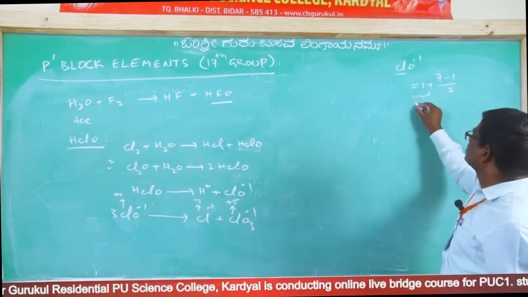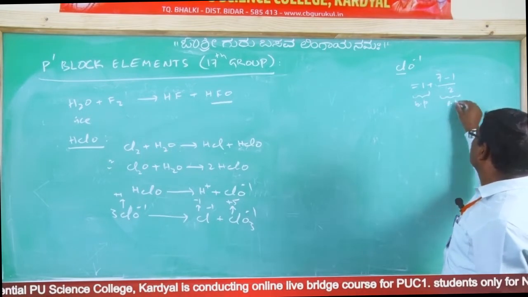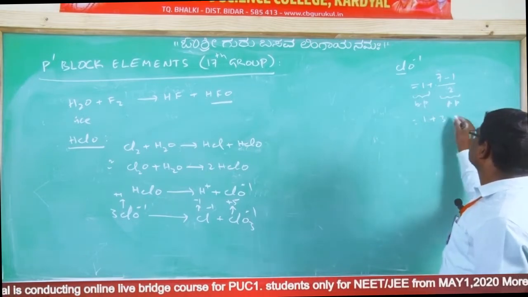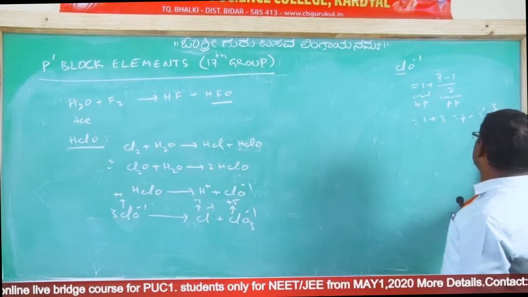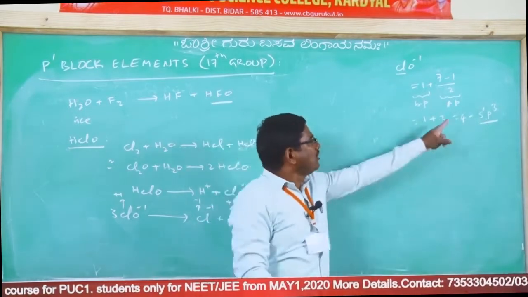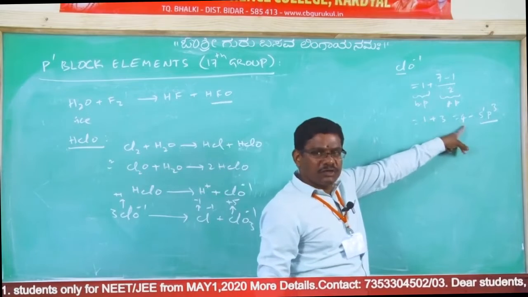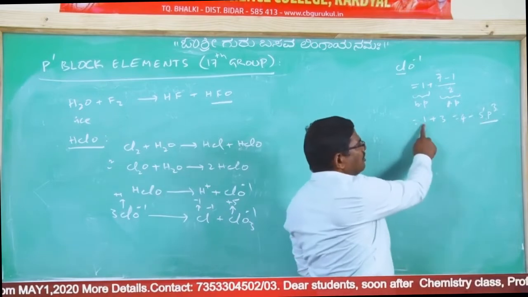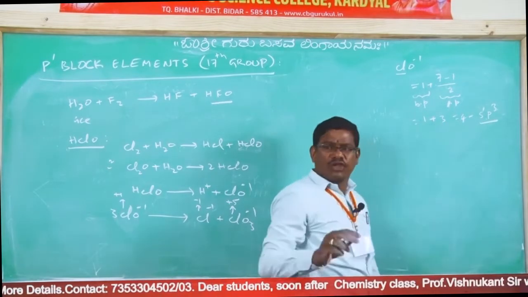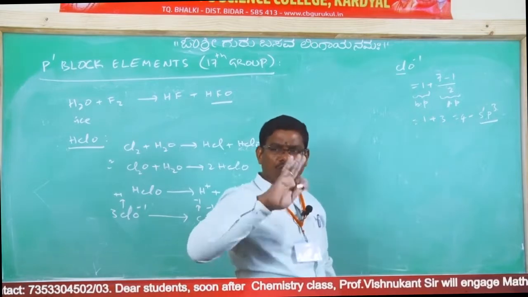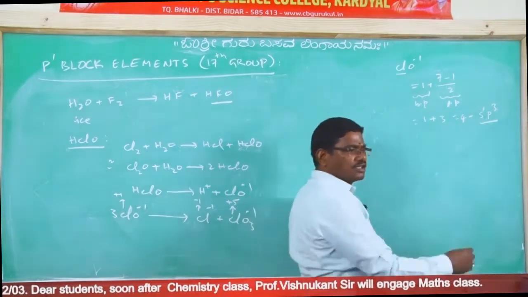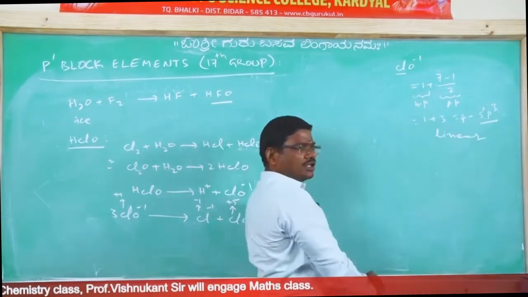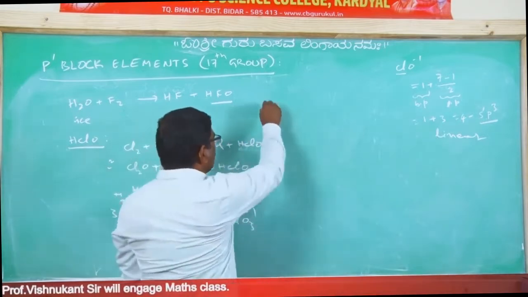Already we know these are the bond pairs of electrons, these are lone pairs of electrons. Now total number of pairs of electrons, 1 plus 3, 4, therefore sp3 hybridization. In sp3 hybridization, one bond pair with 3 lone pairs. We know that one bond pair with any number of lone pairs is always linear in shape. Clear now?